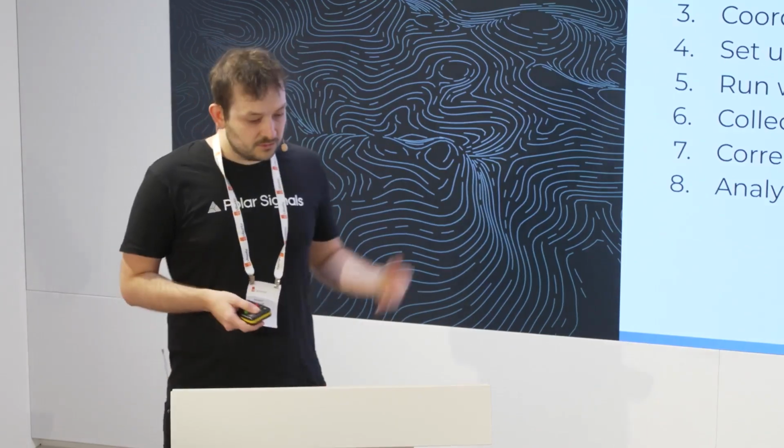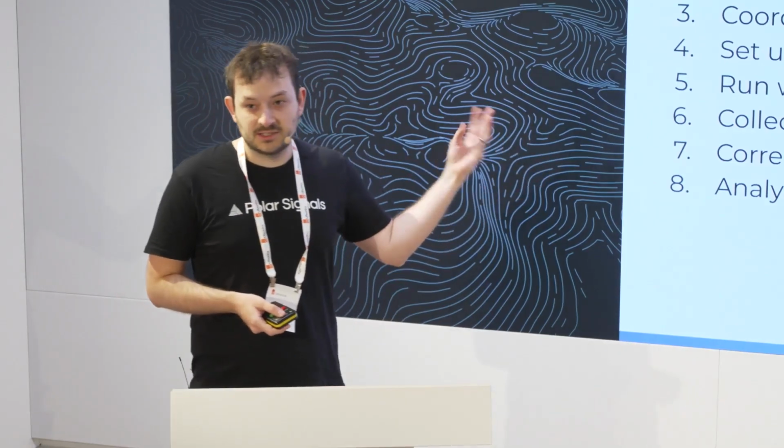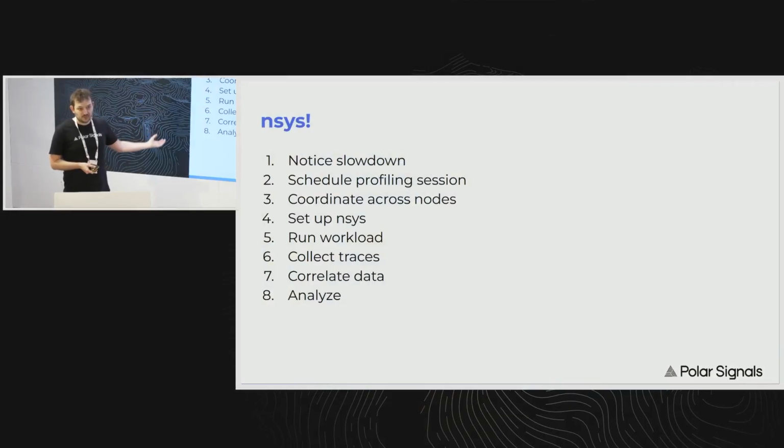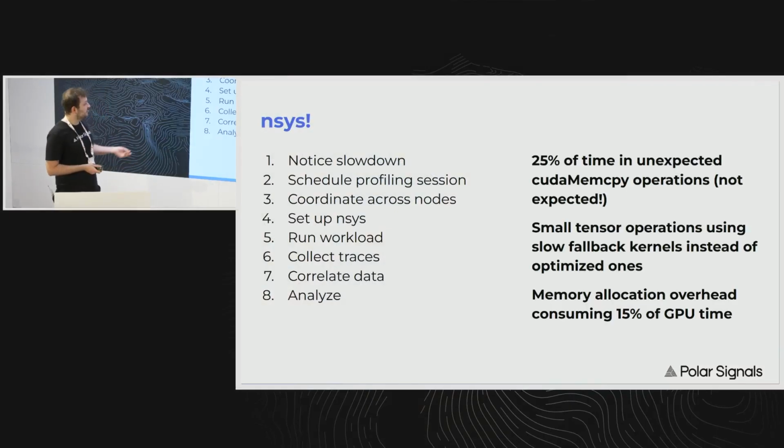And so my point is, doing all of this takes a long time, has a lot of rough edges, and maybe at the end of doing all of this, maybe we get an answer. So let's pretend for a second that we do, and we find out that in fact we were wasting a lot of time on a bunch of memory-related issues.